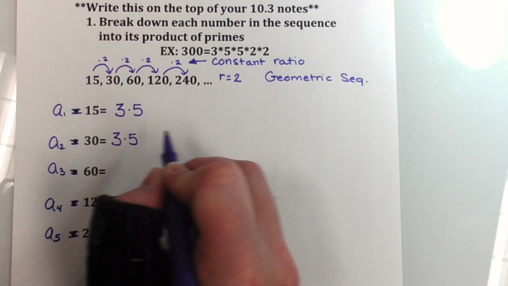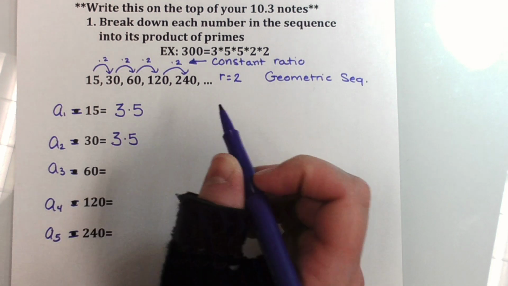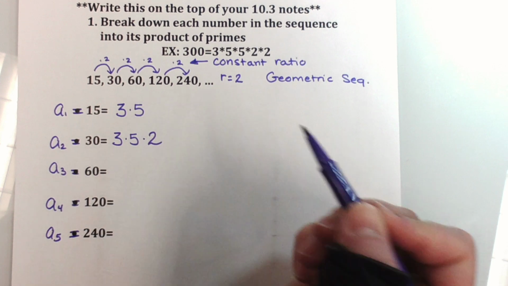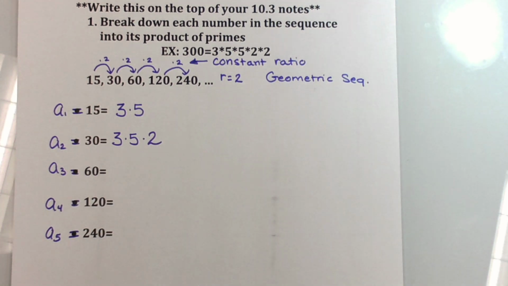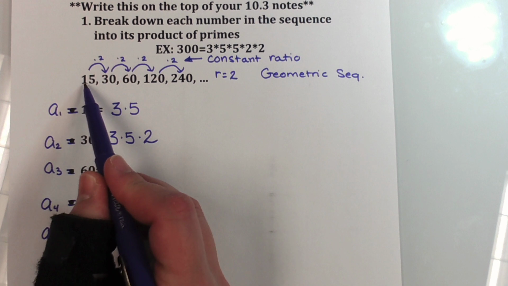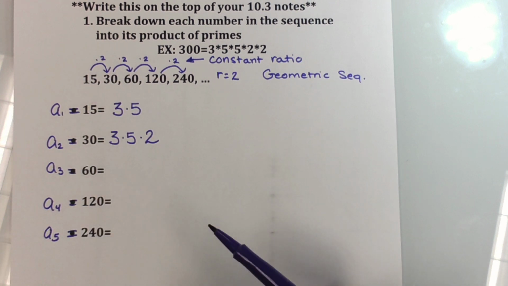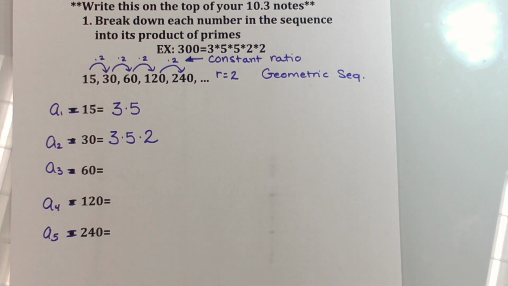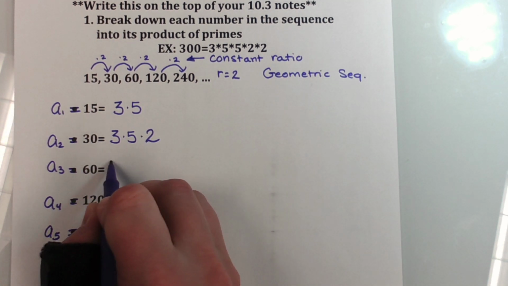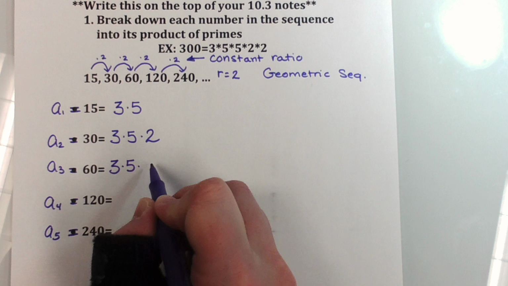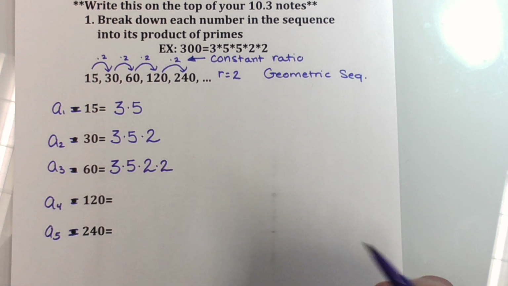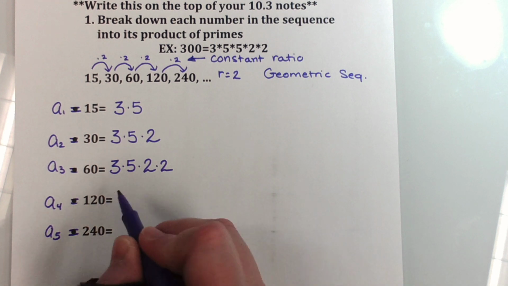Which, if you recognize 30 as 15 times 2, that should make sense, that it's 3 times 5 times 2, because 15 times 2 is what gave us the 30. 30 times 2 is what gives us the 60. So 60 is 3 times 5 times 2 times 2, or 2 squared. I'll come back and I'll write that version of it in a bit.